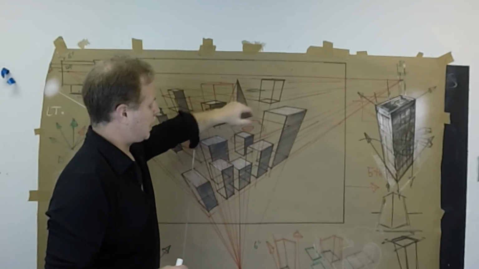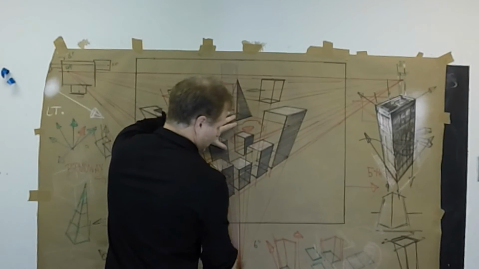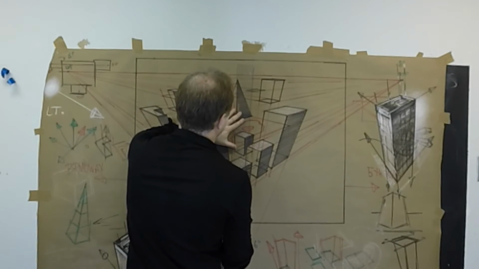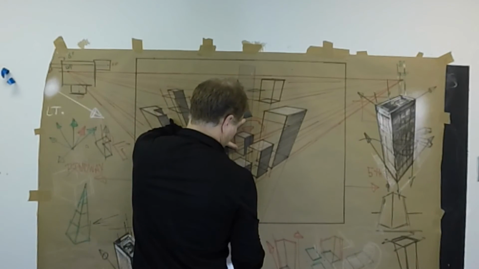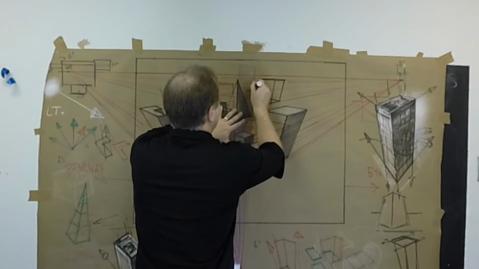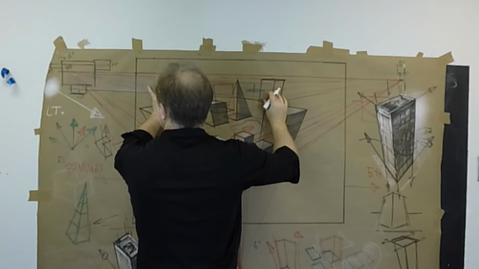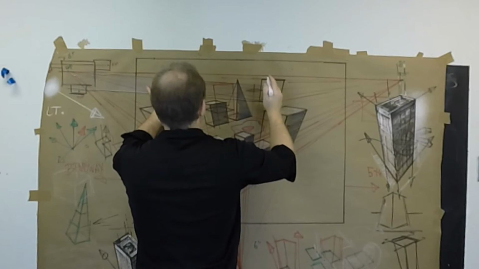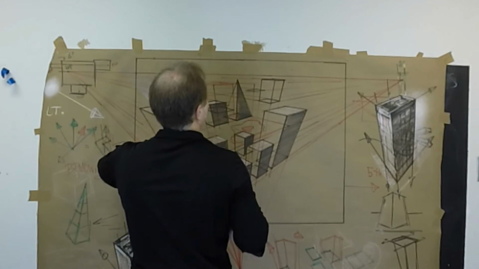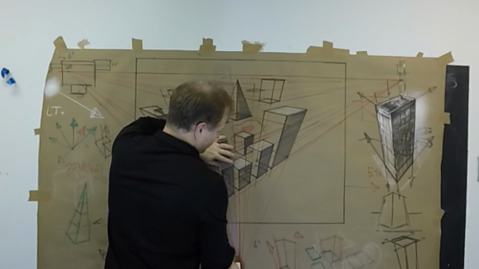So we've got this last building to draw, and from the front corner we'll come up through the vertical vanishing point to about right there. I'll stop, and then from the left vanishing point over, and that gives us most of our left plane.